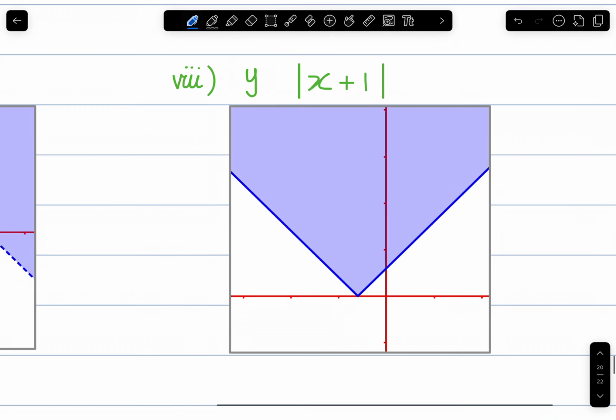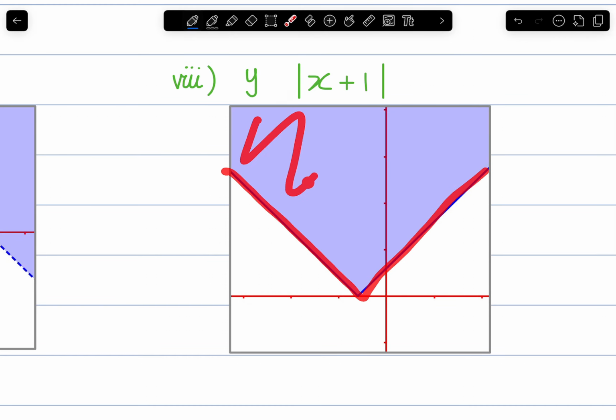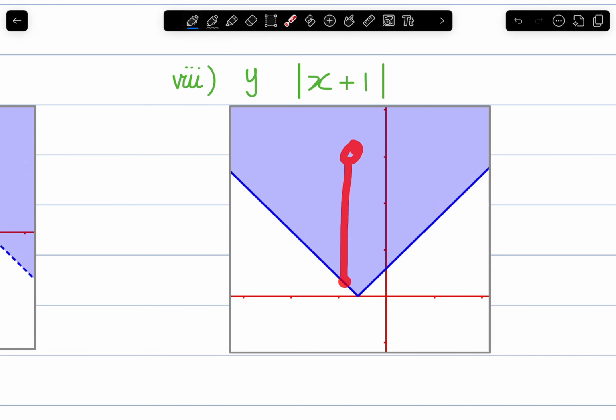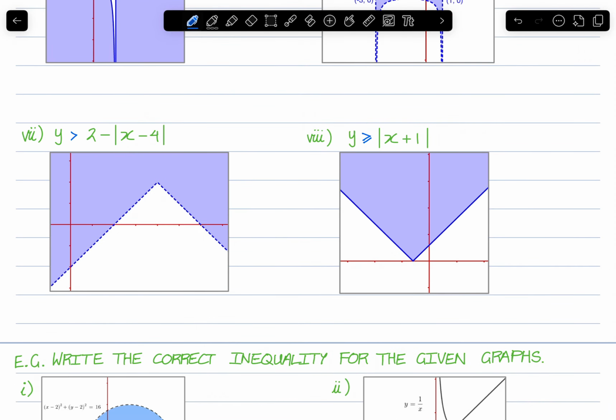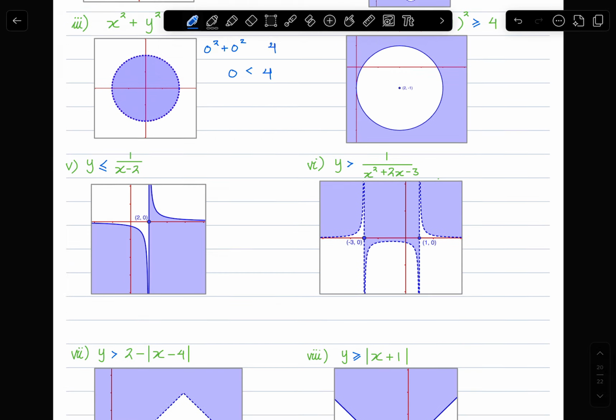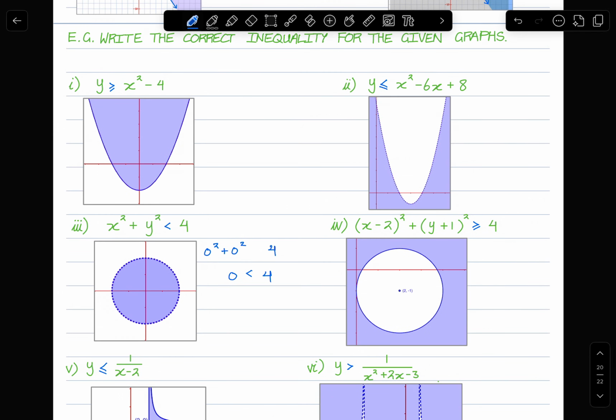And lastly, for this one, absolute value of x plus 1 is this line here. All the y values in this region are above the line, hence why it's going to be greater than or equal to this. I hope that's giving you an insight into applying the same methodology of determining the region that we need to shade or the inequality symbol that we need.